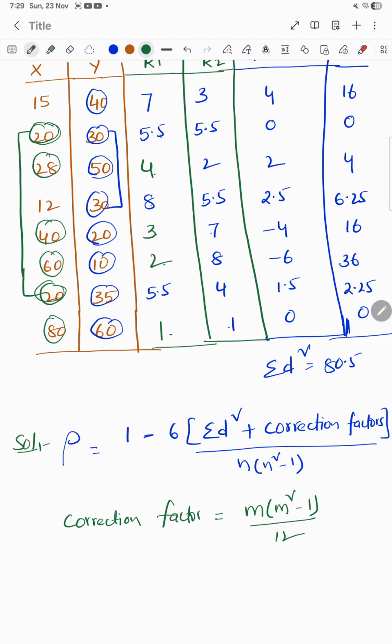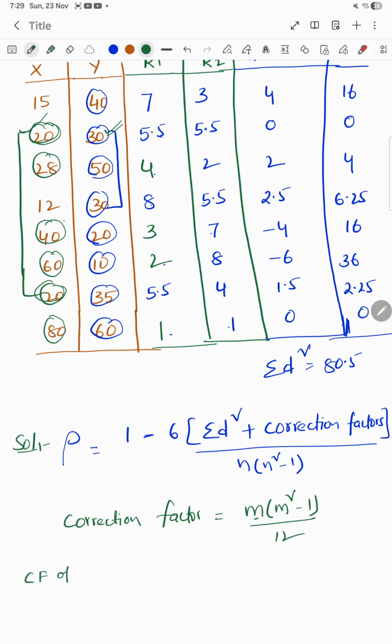For example, under x, 20 is repeated 2 times, so while calculating the correction factor for 20, m is 2. Under y, 30 is repeated 2 times, so for 30 also m is 2.